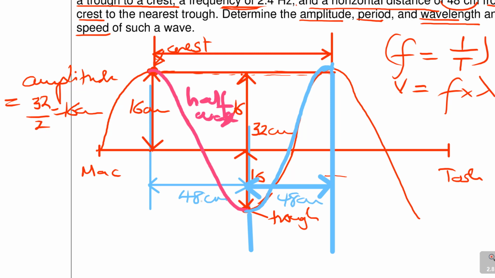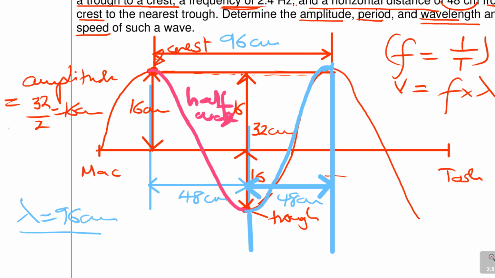Now if you add 48 plus 48, the wavelength, crest to crest, you can see that is your 96 centimeters. So I can say wavelength is 96 centimeters.